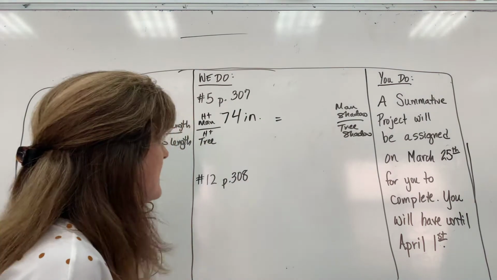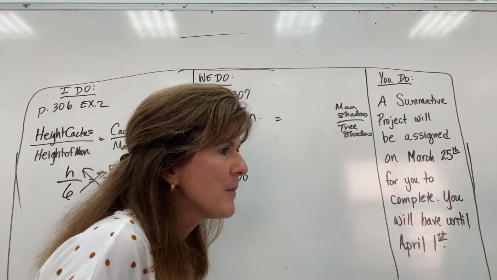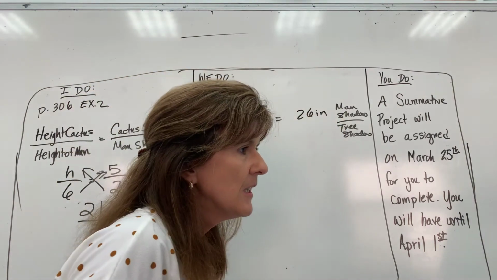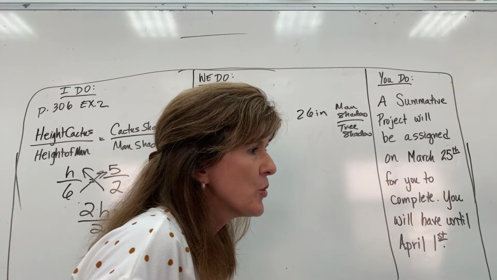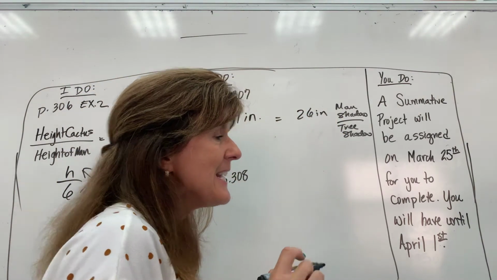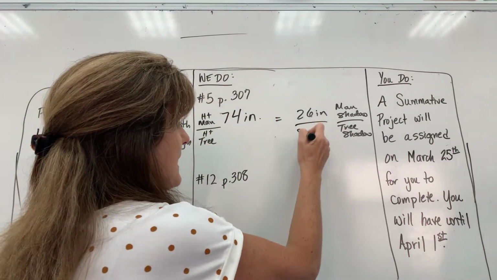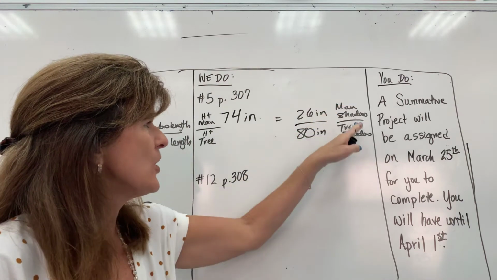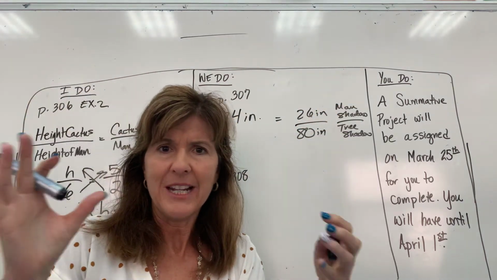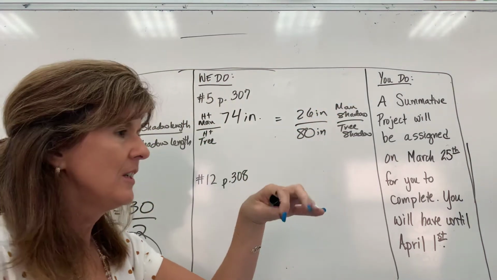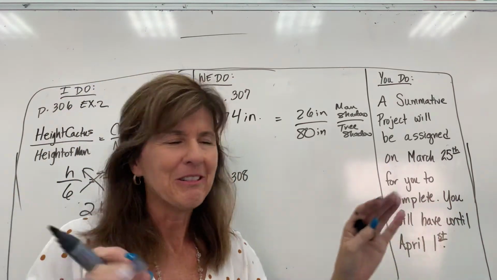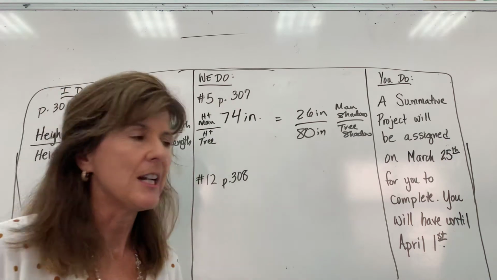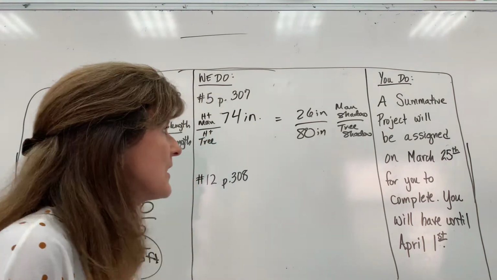He's 74 inches, the length of the man's shadow is 26 inches, and the palm tree shadow is 80 inches. I will tell you, it makes it a lot easier if you write in what you're filling in, so write man shadow over tree shadow equals man height over tree height. And then you can figure out what numbers to plug in where.